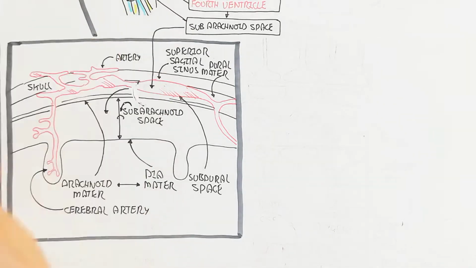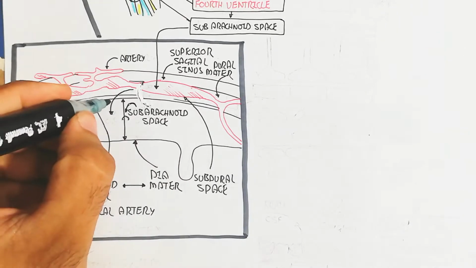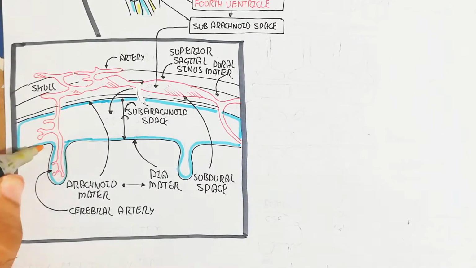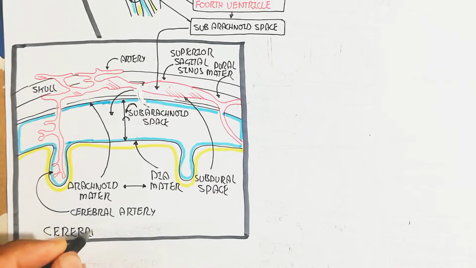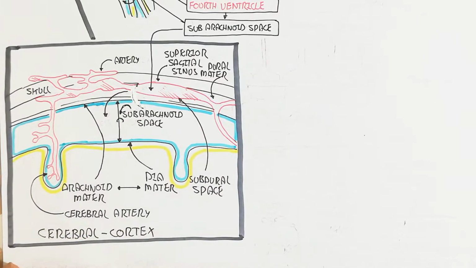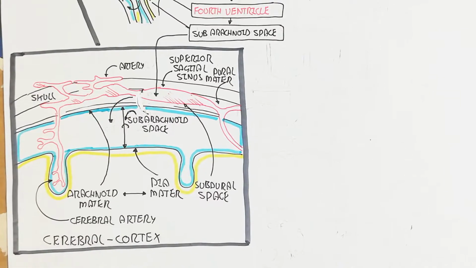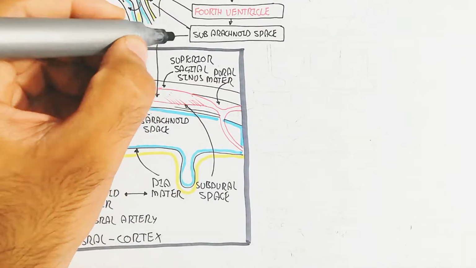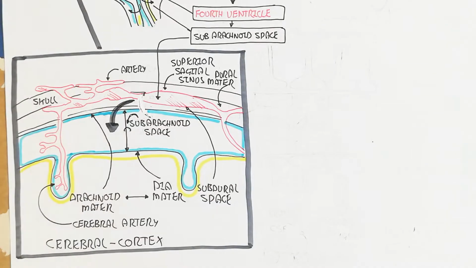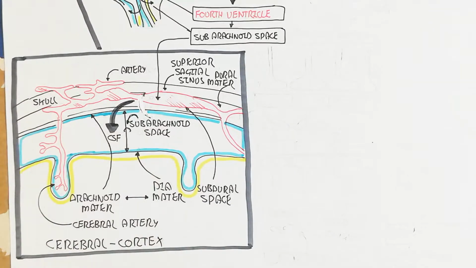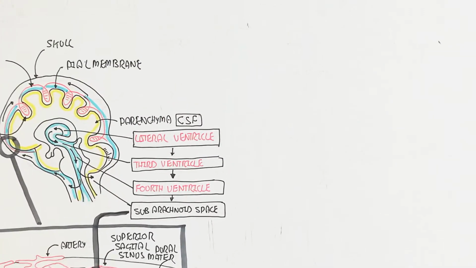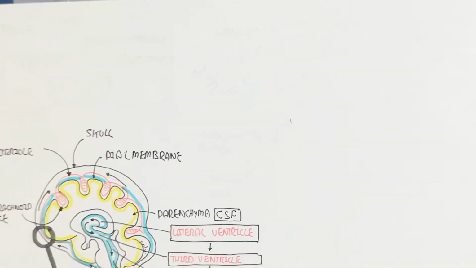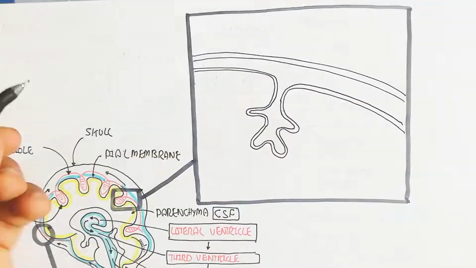cerebrospinal fluid, which is released from the subarachnoid space. Here you can see the cerebral artery, and this is the cerebral cortex. Inside, the yellowish color is the cerebral cortex, part of the brain. This is the superior sagittal sinus, which also receives the cerebrospinal fluid for circulation into the blood circulatory system.